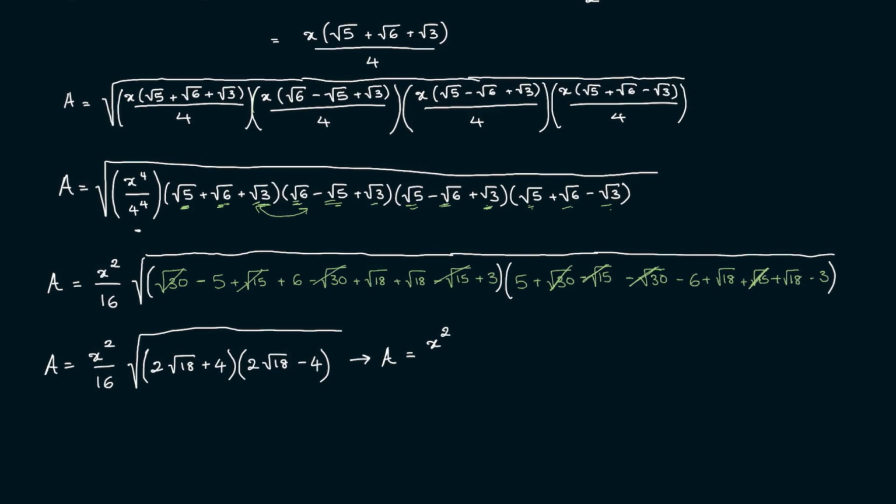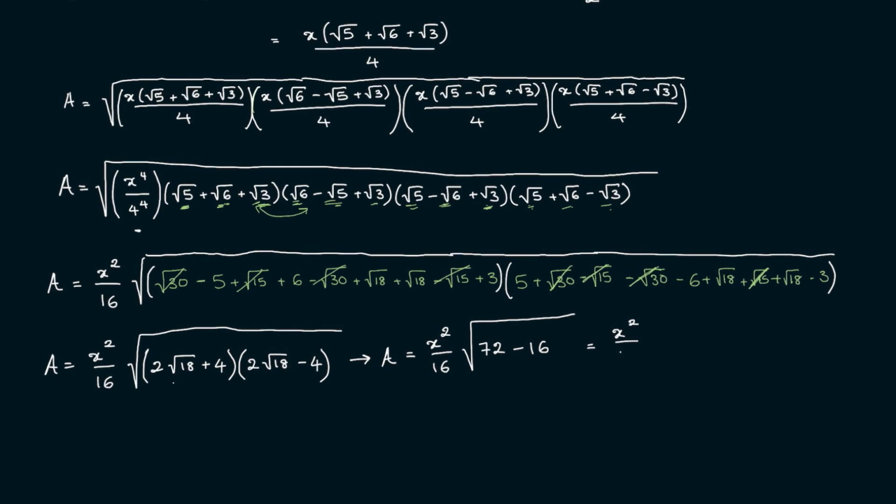We can say that the area is equal to x squared over 16 times, now 2 radical 18 squared is 18 times 4, or 72. And 4 squared is just 16.